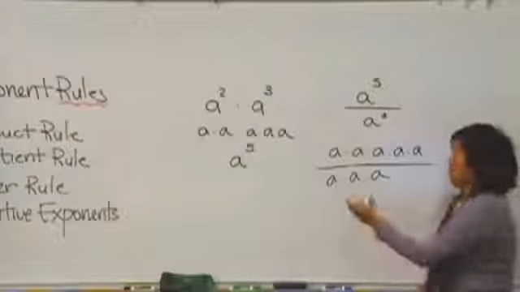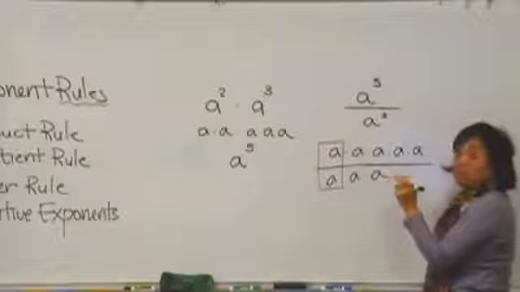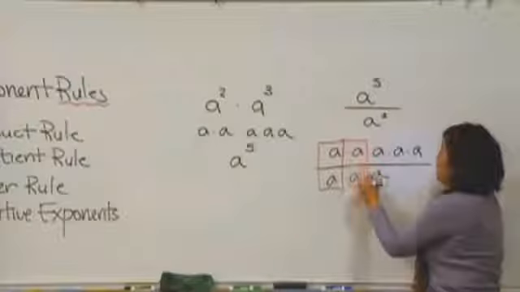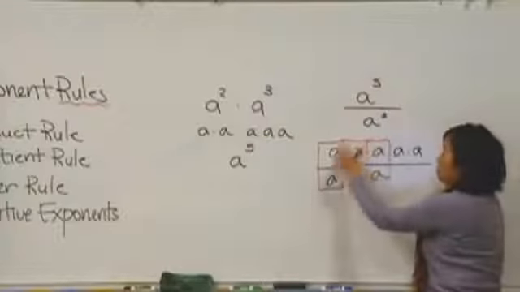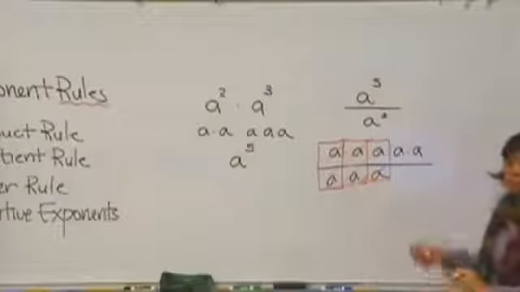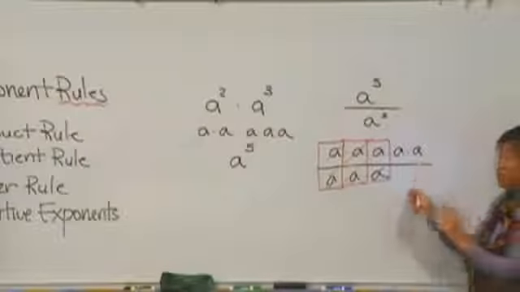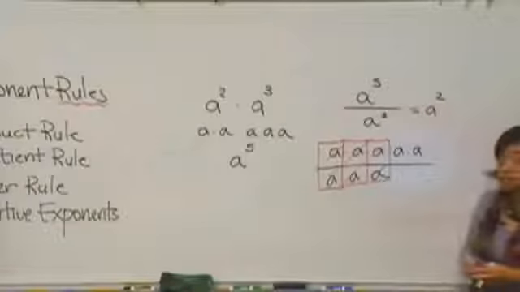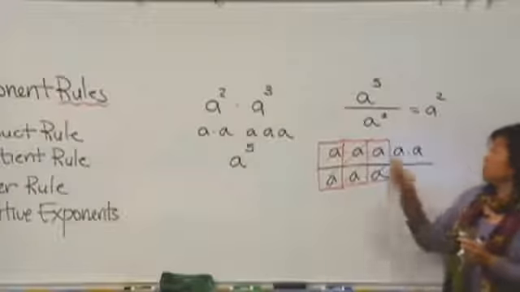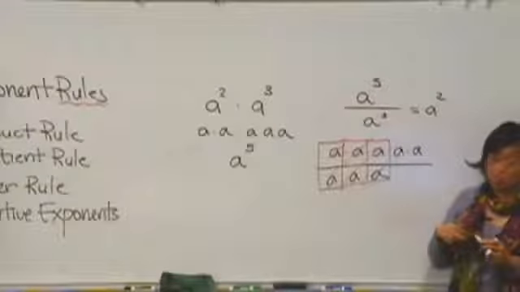So remember that whenever you have a fraction where the top and the bottom are the same, it's equivalent to the number 1. So we can cancel these. This is a 1, this is a 1, this is a 1. These are all fancy ones. And so this is all that we're going to be left with. And what you can see is that we have 2 a's left, or in other words, a to the second. So that's an example of a quotient. And so in a quotient, the rule would say you just subtract the exponents.